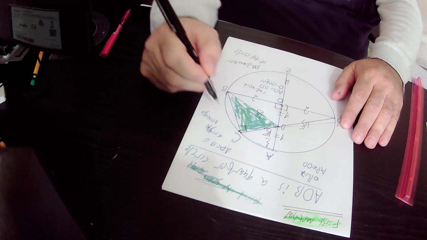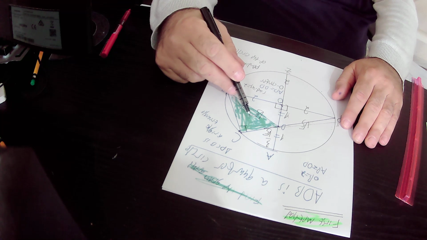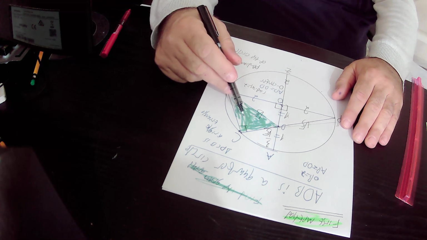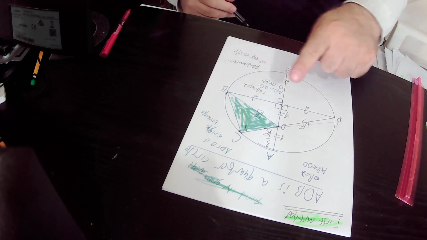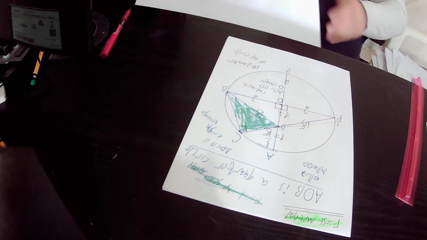In the next step, we'll apply the Pythagoras theorem on the right blue triangle CDB, and we'll find the missing side CB.